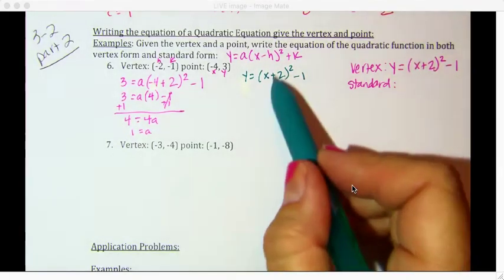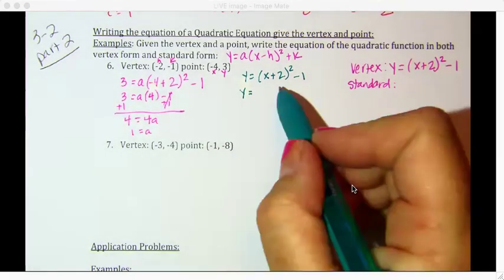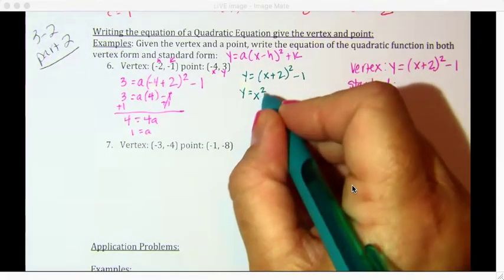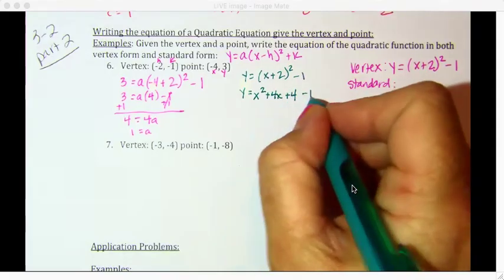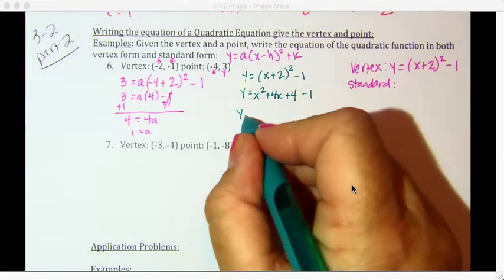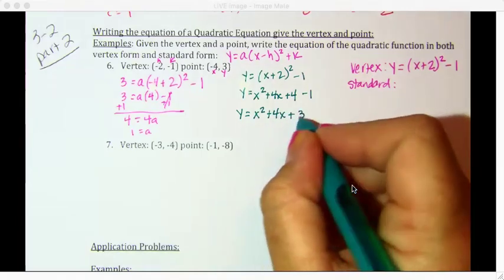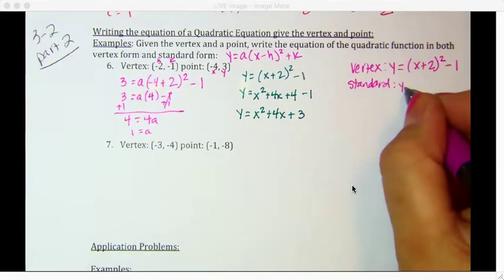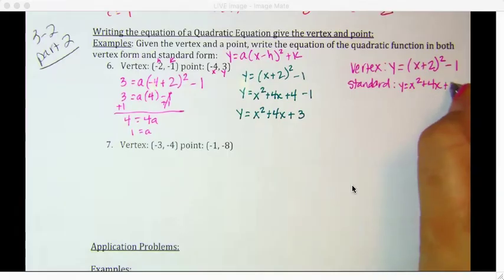I'm not going to show my work for that box method. If you want to use FOIL or the box method to multiply that out, you can. And what you would end up with is x squared plus 4x plus 4, and then that minus 1. And then combining like terms, we have x squared plus 4x plus 3. And that would be the standard form of that parabola.